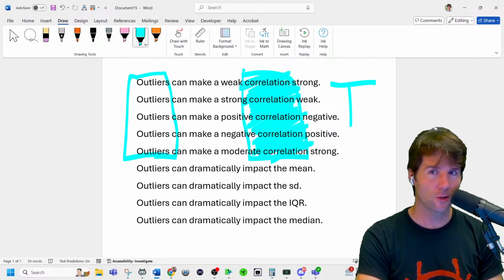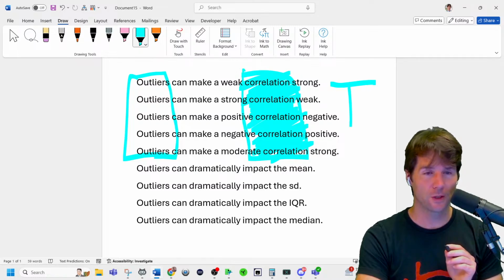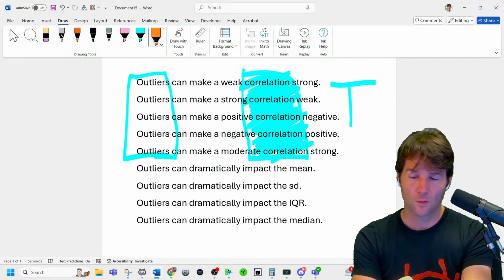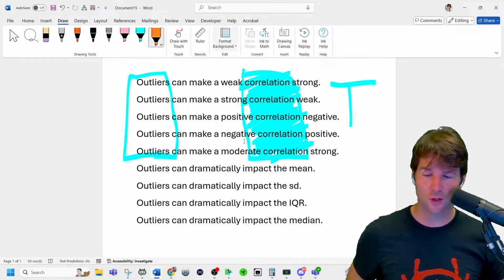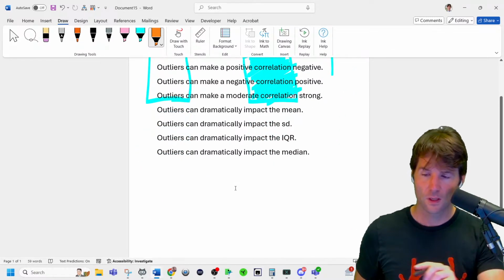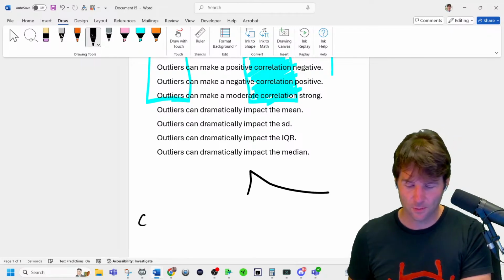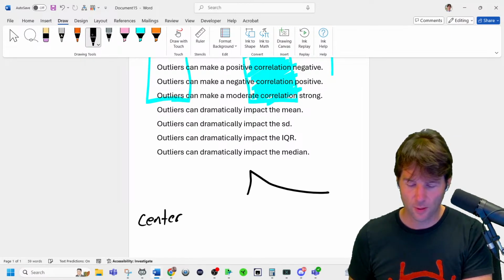Now you get down to why we use certain measures of center and certain measures of spread. If data is skewed, what is the proper measure of center? And what is the proper measure of spread?